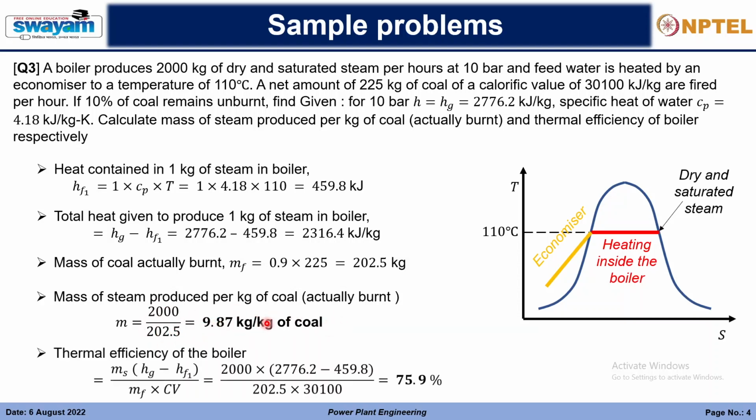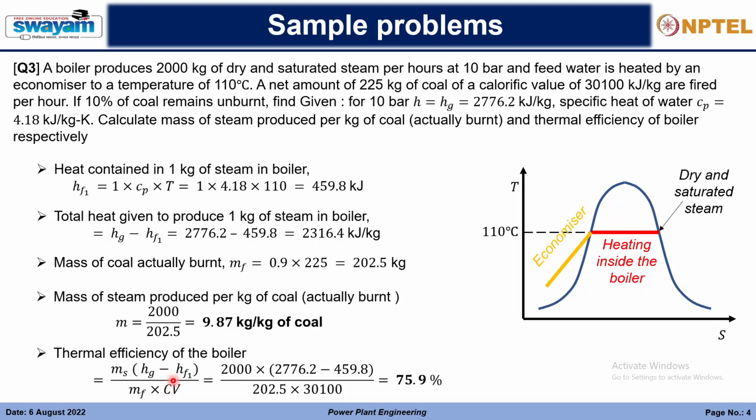Next is thermal efficiency, right? So thermal efficiency is the total amount of heat received by the water in the boiler divided by the total amount of heat being supplied by burning the coal. There might be a lot of losses in the boiler, right?